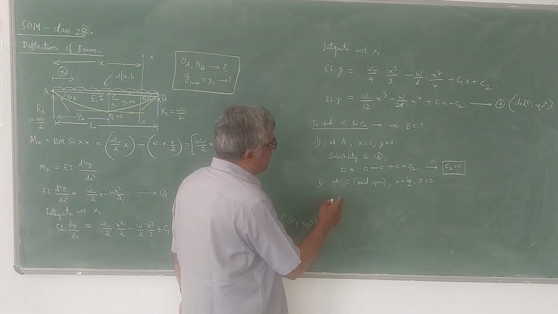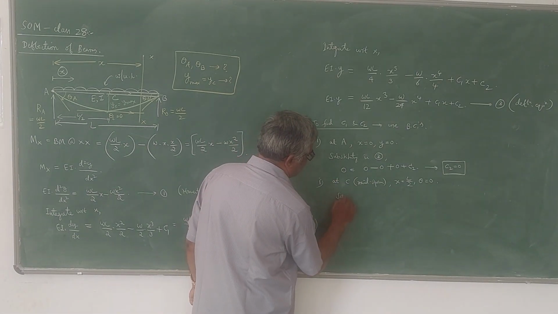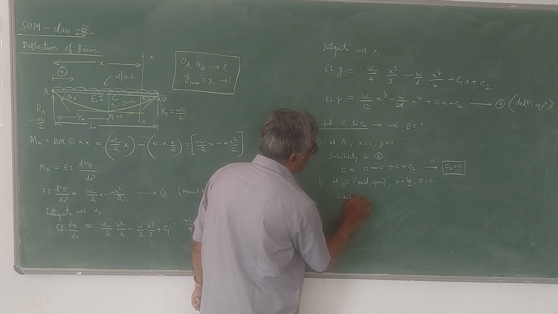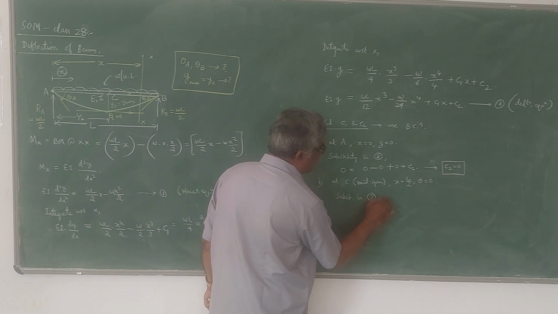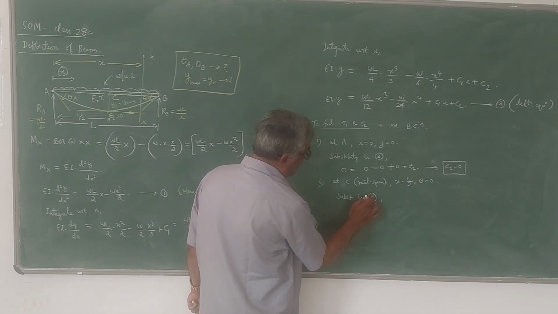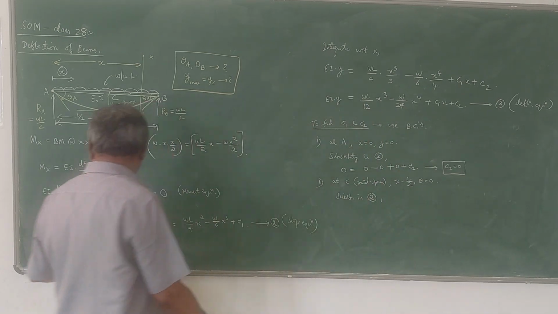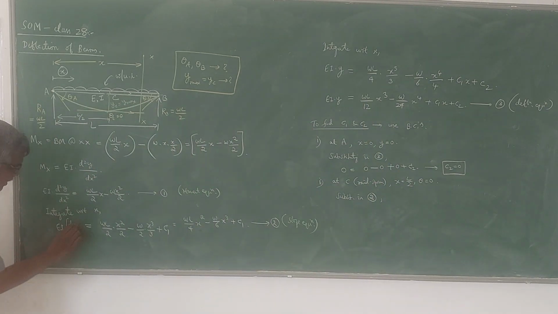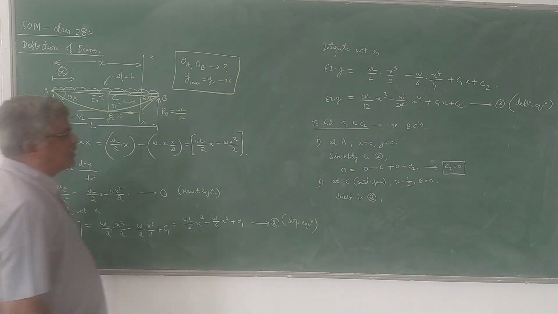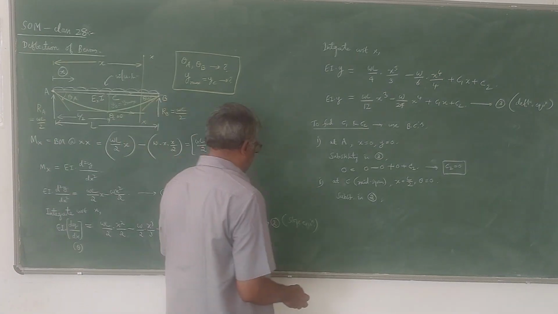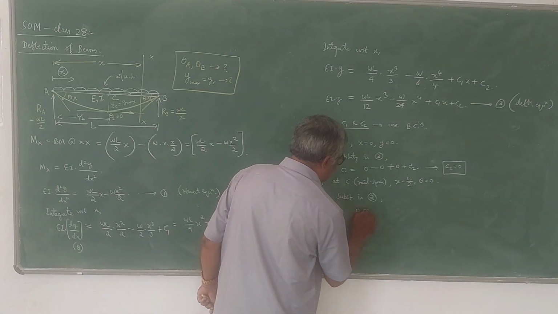Now substituting once again, this time in equation 2, because theta is involved here. This dy by dx is nothing but theta. Please note that you can write it either as dy by dx or theta. So theta is 0. Substituting in equation 2, LHS becomes 0.